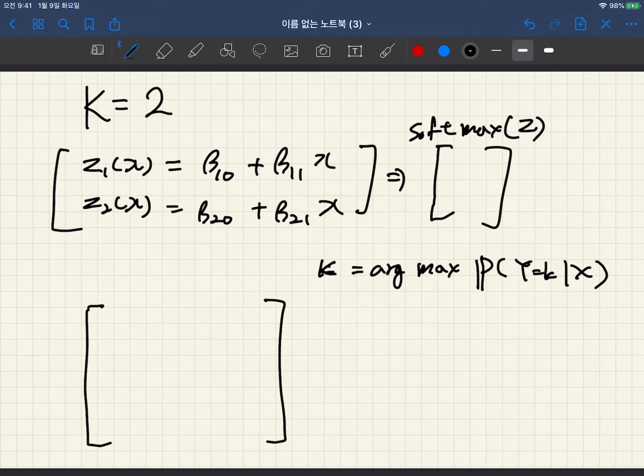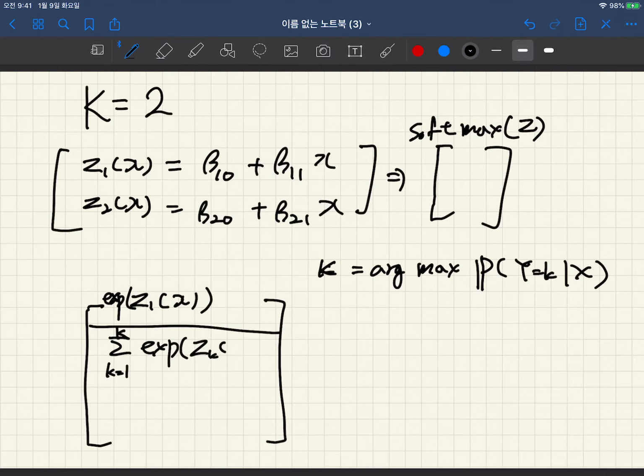This function has the form: exponential g1(x) over the sum for k equal to 1 to capital K of exponential gk(x), and so on, up to exponential gK(x) over the same value.